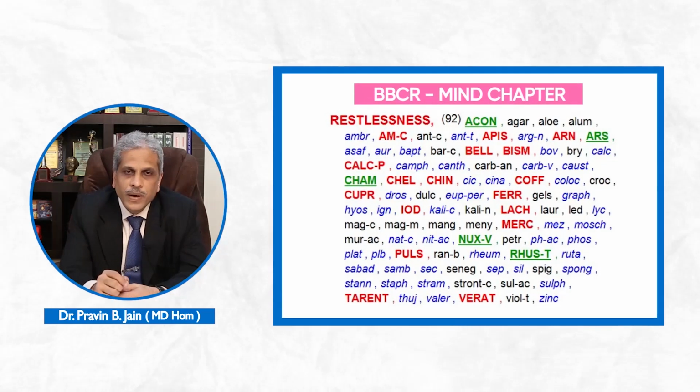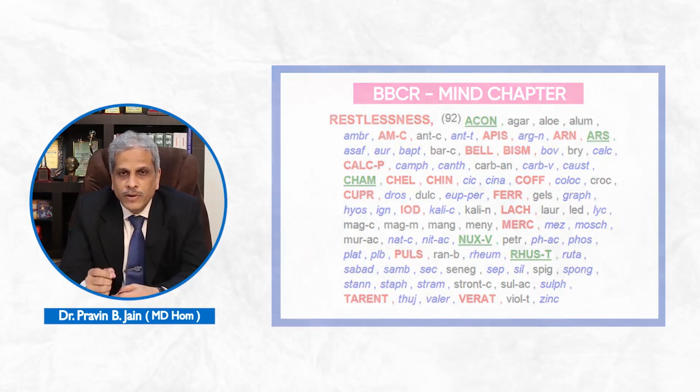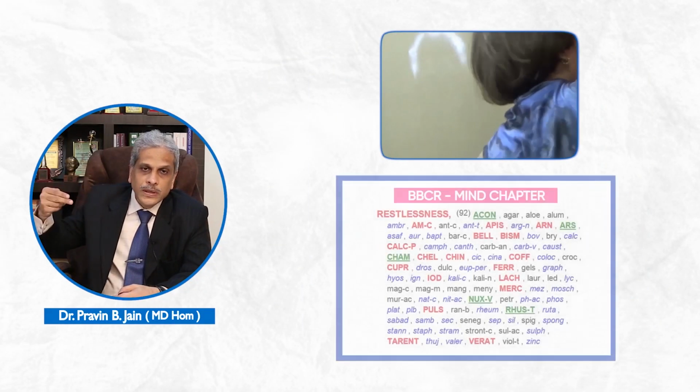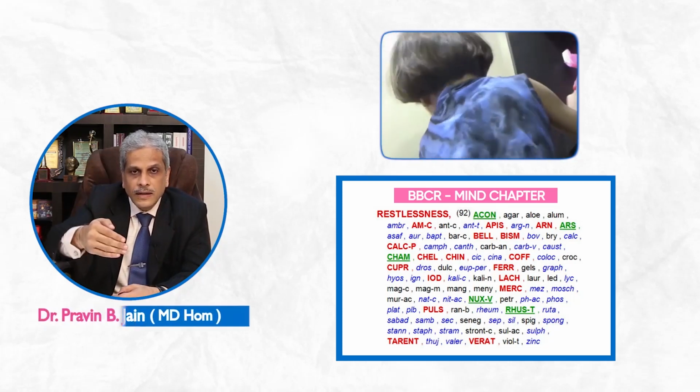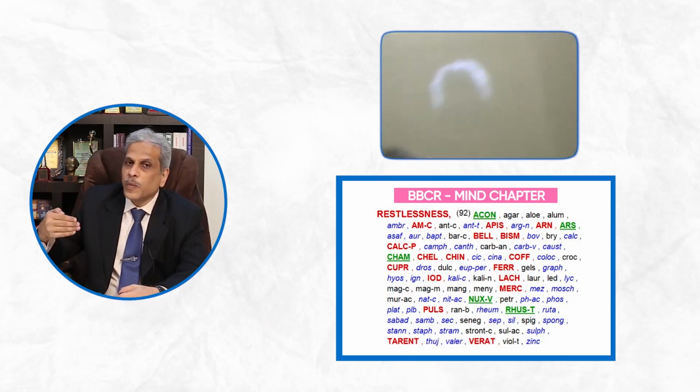We are seeing a physically restless child moving here and there in the clinic, but we go back to the repertory and take the rubric restlessness in the mind section. Mind you, this is wrong. So in this video, I am going to talk about this second aspect, the hyperactivity aspect.